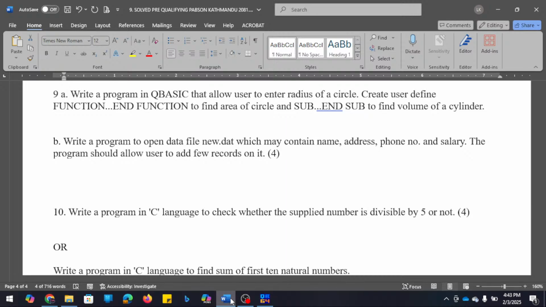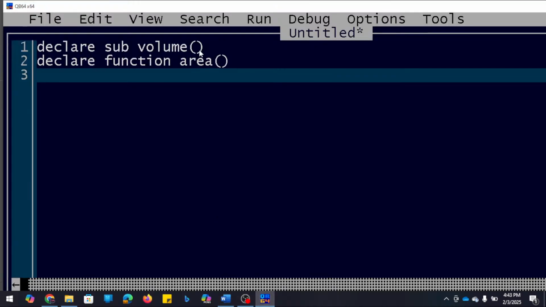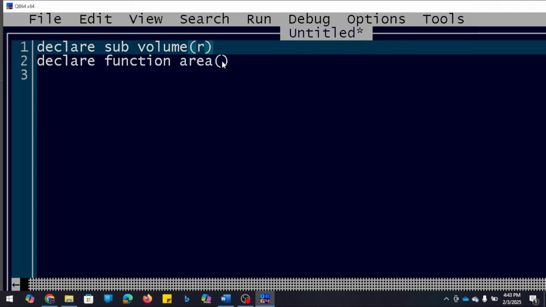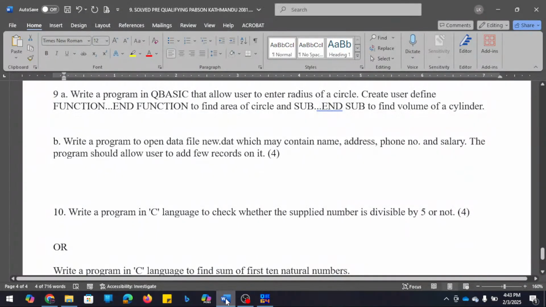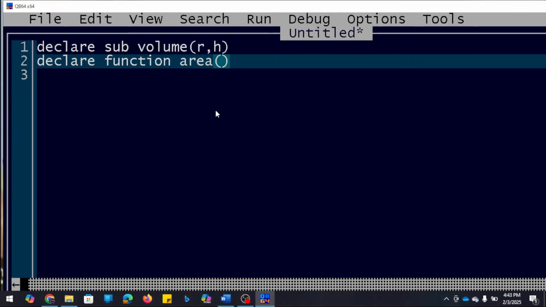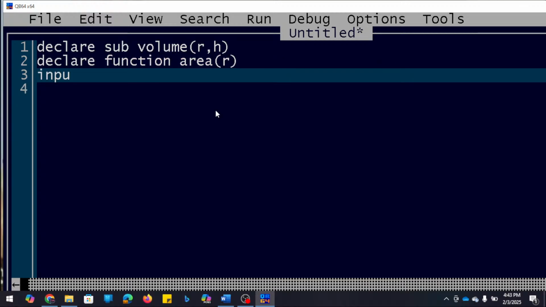And now the formula for the volume of cylinder is pi r square s. So what we have to do here is pass r and s. We are also asked to find the area of circle, that is pi r square. So for that we only need r. Input: enter radius and height.